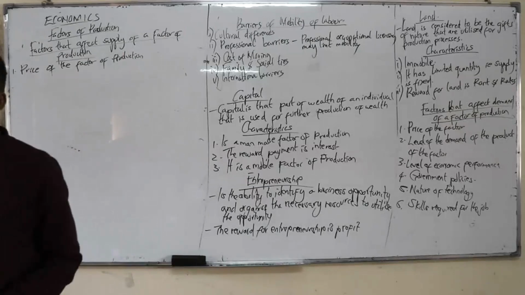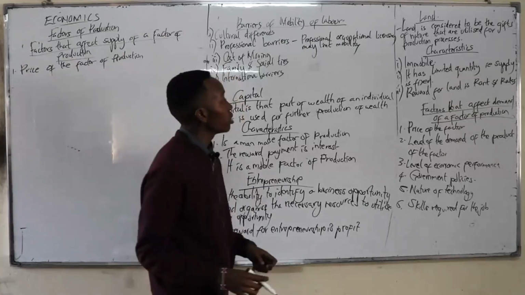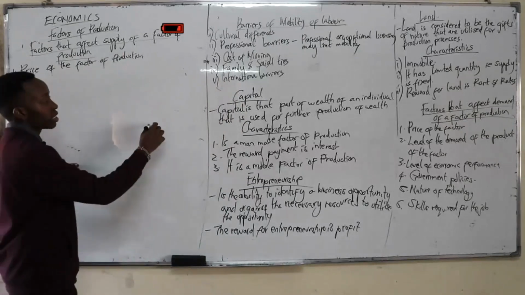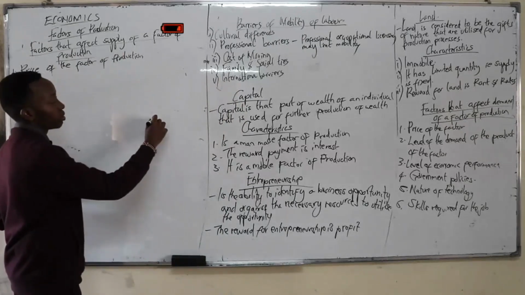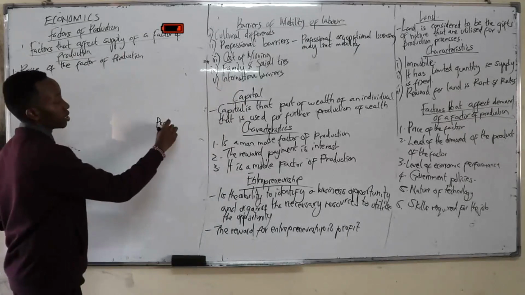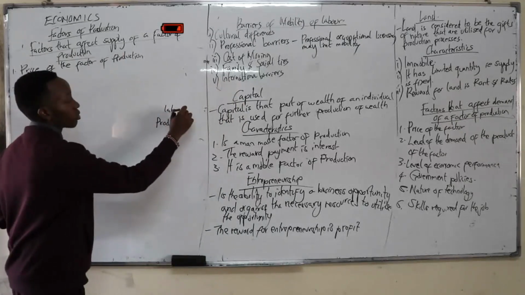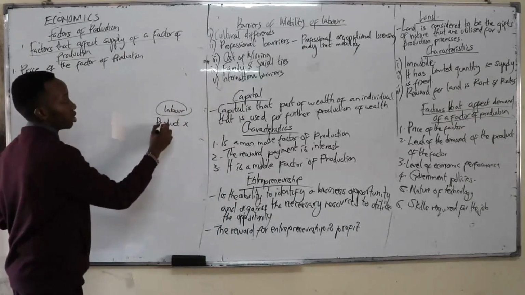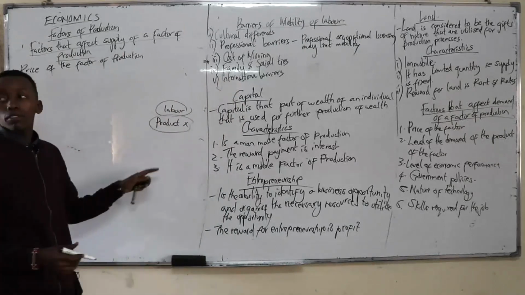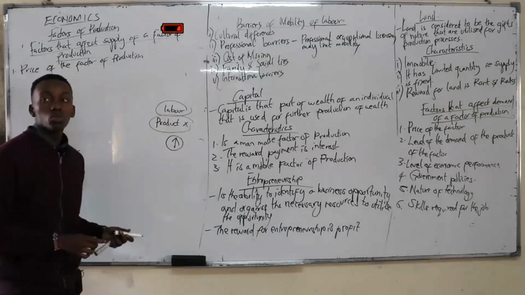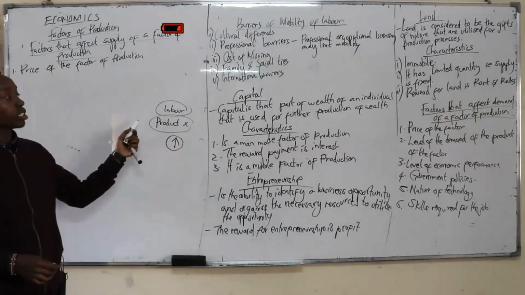And then going by that also, if we are using labor to create, let's say, product X, and the demand for product X increases, what will happen to labor? Will it increase or decrease?